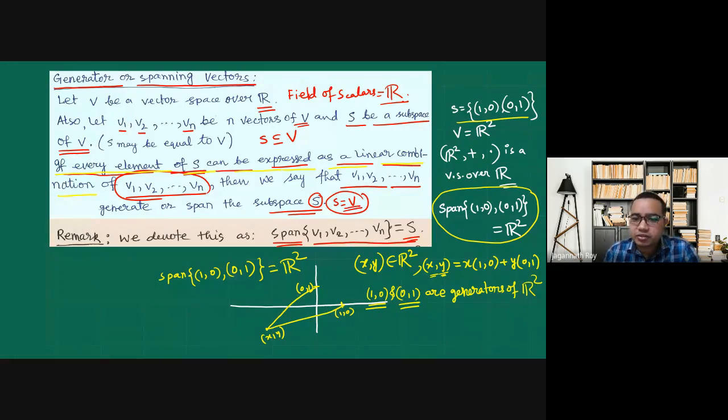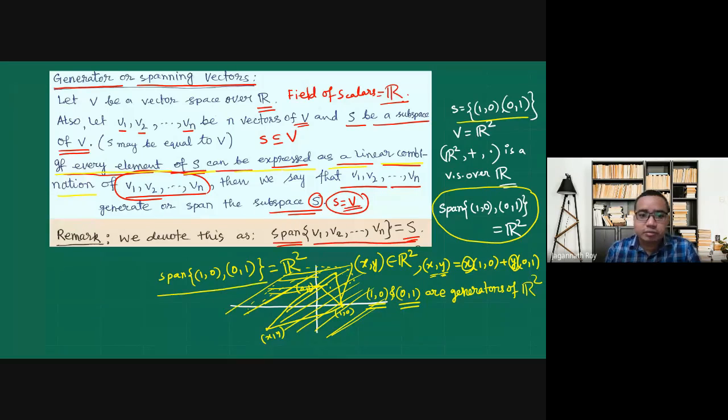Depending on x and y, we can find suitable real numbers, suitable scalars, so that we can write it as a linear combination of these 2 vectors. So each and every point in this 2-dimensional space can be written as a linear combination of these 2 vectors. That means you will cover the whole space. The extent of these 2 vectors is actually the whole space. There may be only 2 vectors, but their span is equal to the whole space.